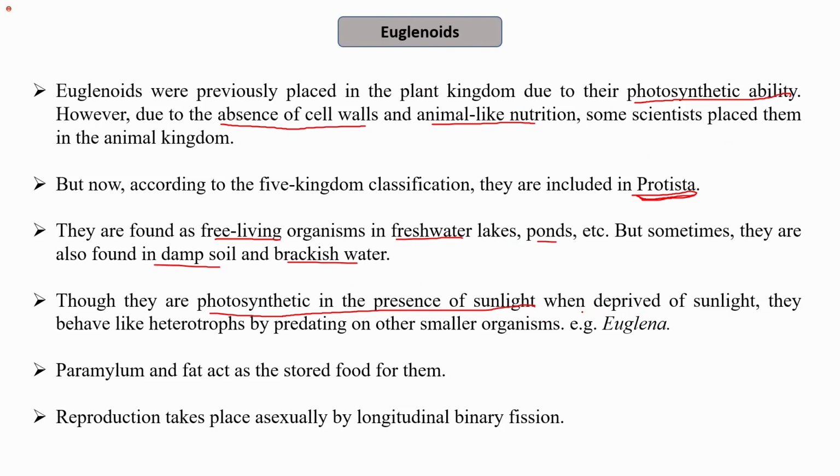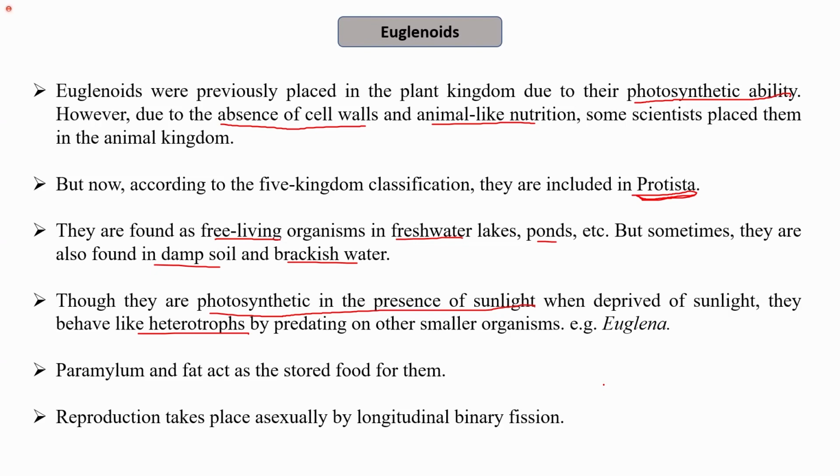However, when deprived of sunlight, they behave like heterotrophs by predating on other smaller organisms, for example, Euglena. So Euglena is an example of the euglenoid group. Euglena shows mixotrophic nutrition, that is both autotrophic and heterotrophic.